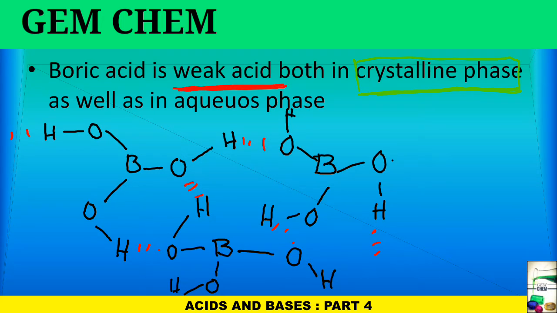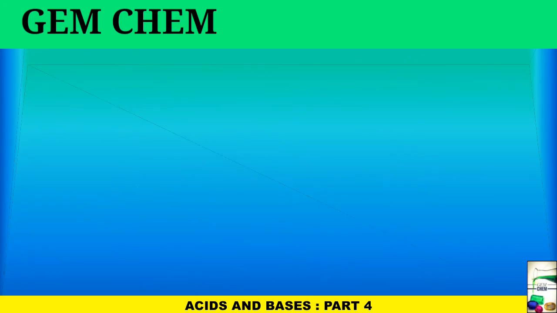Now if we go to the aqueous phase, boric acid reacts with water in the aqueous medium via nucleophilic attack of water at the boron center, and this accounts for the activation of the water molecule. Thereby the removal of proton basically takes place from the water molecule rather than boric acid.